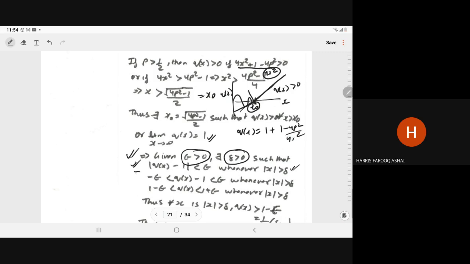So due to the definition of the existence of the limit, we have this.